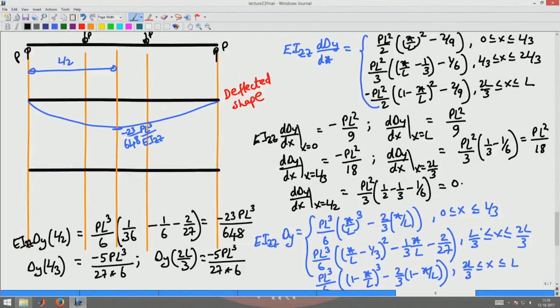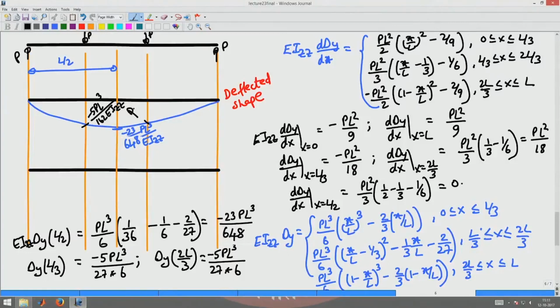Similarly, at L by 3 and 2L by 3, it is going to be minus 5 PL cube by 162 times EI_zz. Okay. Same value here too, here also it is going to be the same as this.